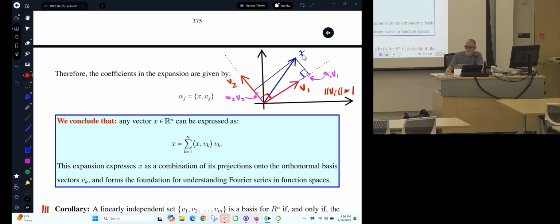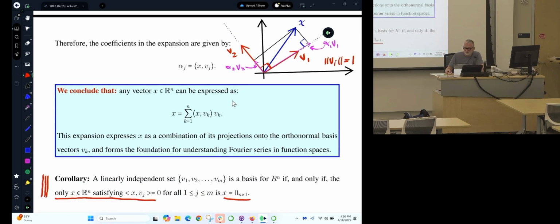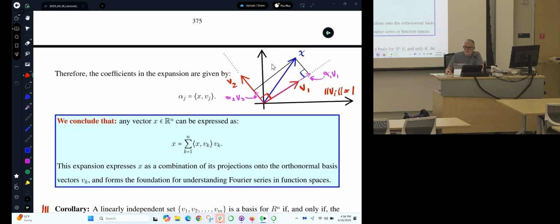Okay, so if a vector has dot product with V1 that's 0, then it has to be a multiple of V2. If the vector is also orthogonal to V2, meaning that vector dotted with V2 is 0, then the coefficient alpha 2 has to be 0.